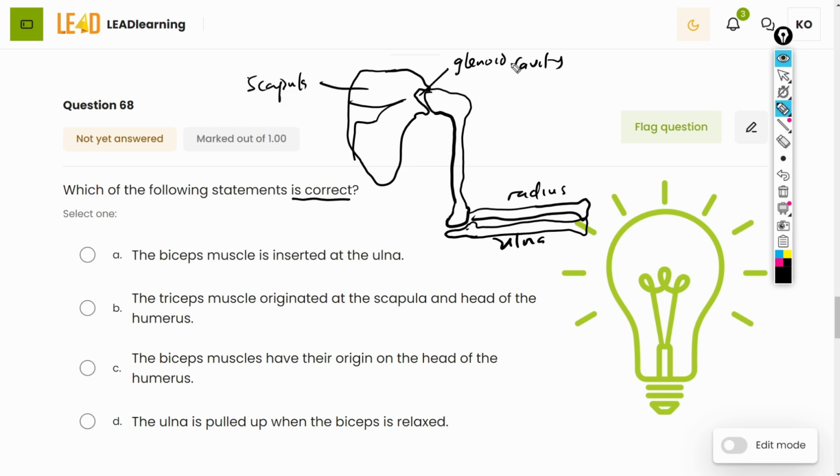Now here at the front we have the bicep muscle. If you look carefully at my diagram, the bicep muscle originates from the scapula. It has 2 points of origin. Both of them are on the scapula, and then I need to label this bicep.